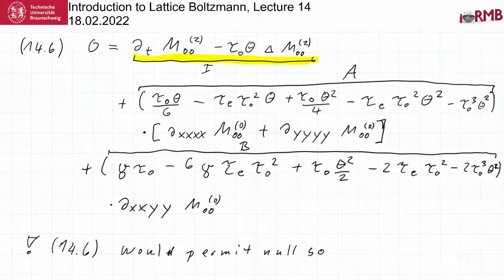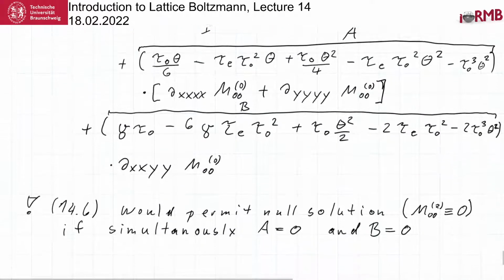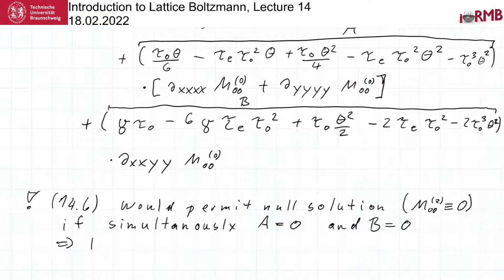Null solution means that this M002 is identically equal to 0, right? If we had simultaneously A equal to 0 and B equal to 0. And this would mean that the leading order error would disappear.